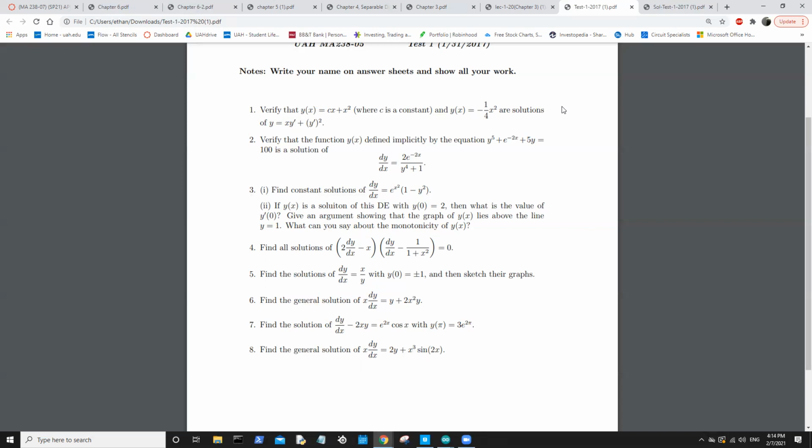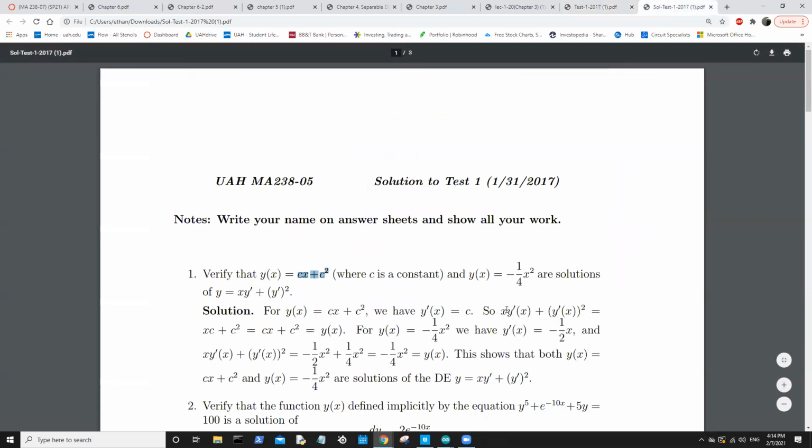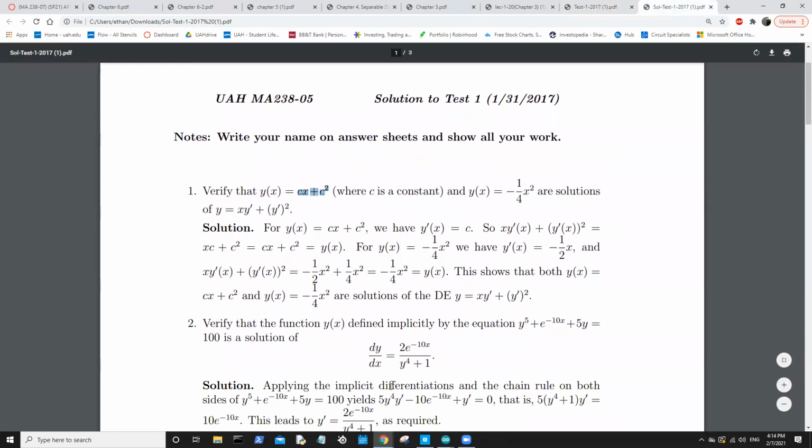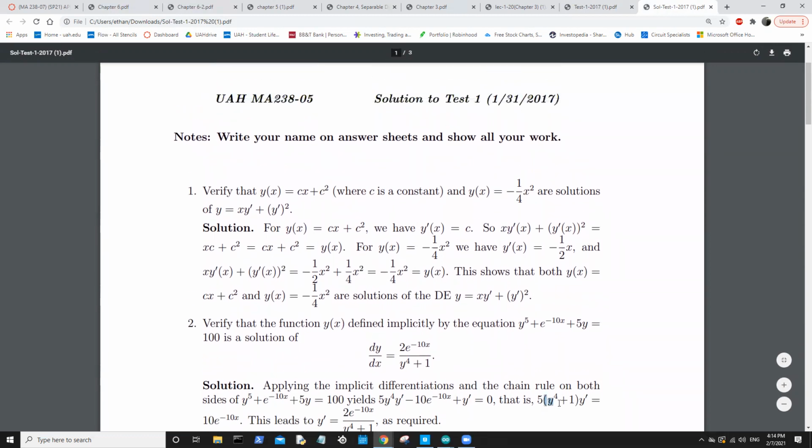Does anyone know what to do to get rid of those 5s in the denominator? Wait, what? Where'd the 10 come from? This is another one of the problems that he mismatched.